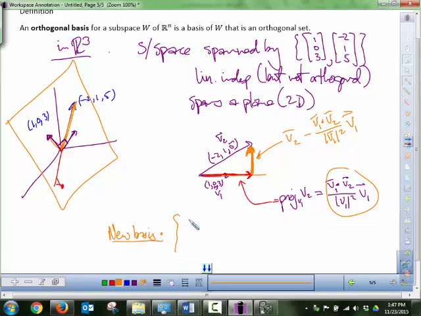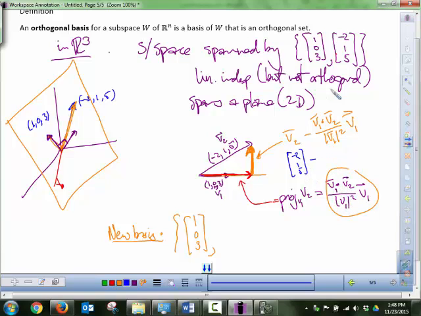So if I take now the vector 1, 0, 3, oh, we should probably do this, huh? Let's do this. So V2 is negative 2, 1, 5, minus, let's do this projection.